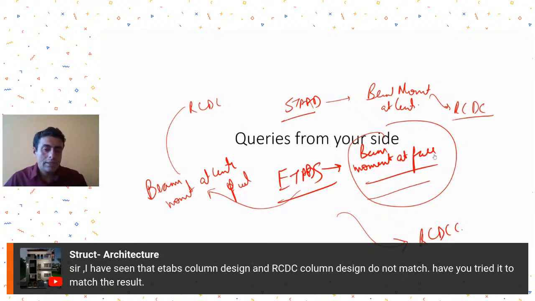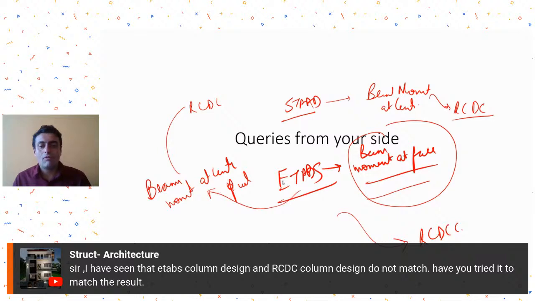Struct architecture is asking. He has seen that ETABS column design and RCDC column design do not match. Have you tried to match the results? No, they match. They match, provided you know how the output is being calculated. If you understand these, they will match.